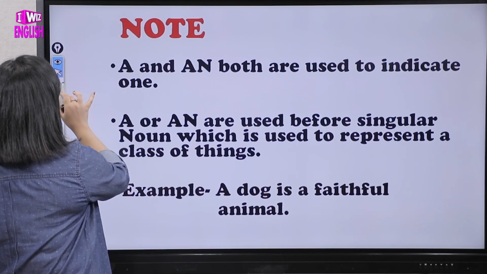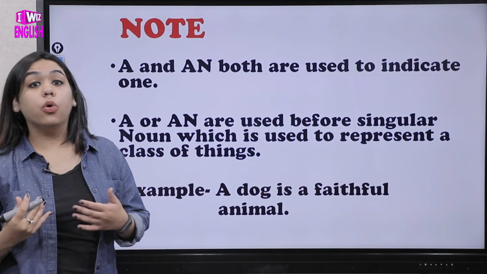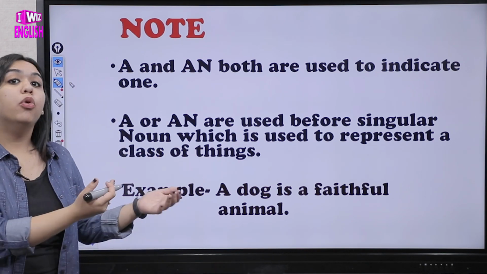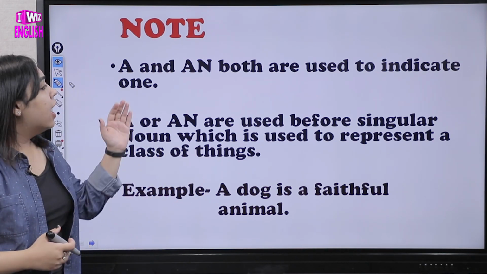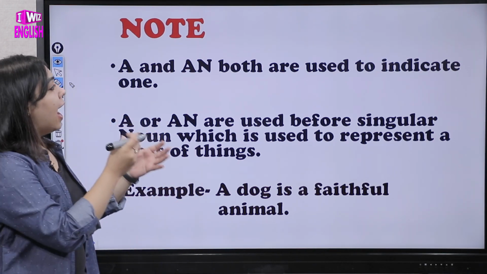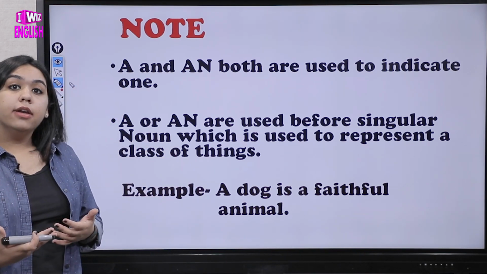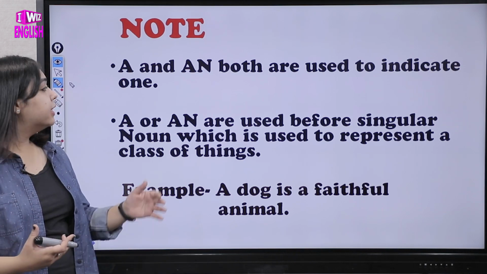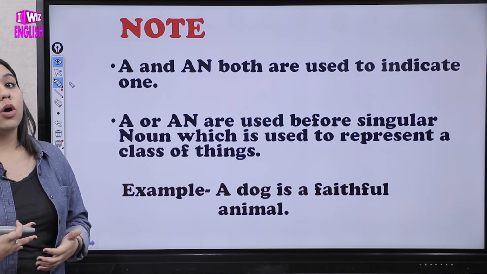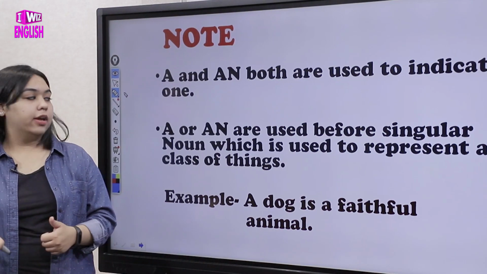Let's move on. There are some things that you need to note about a and an, both of them. The articles a and an both are used to indicate one. A book, a pen, an orange. These are always used for singular objects, like one thing.